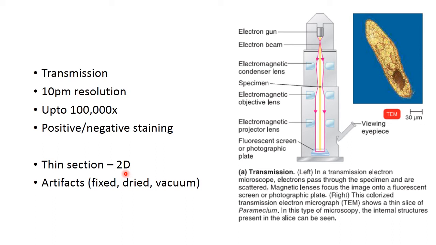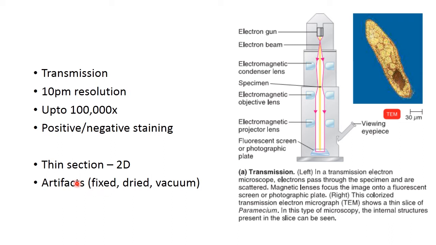The specimen has to be fixed, it has to be dehydrated, and it is processed under vacuum. It is important to have a vacuum so that the beam of electrons is able to interact with the specimen properly. Because the specimen is fixed and therefore killed, it is no longer alive, it is dehydrated and is operating under vacuum, so that can result in shrinkage or other modifications of the specimen.